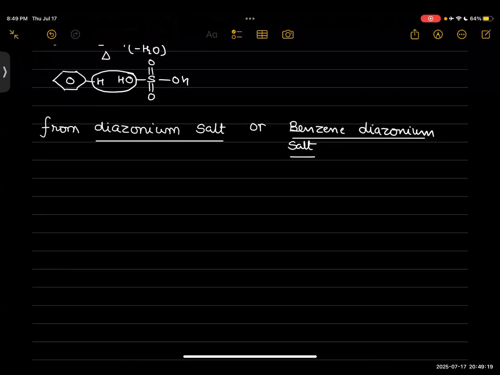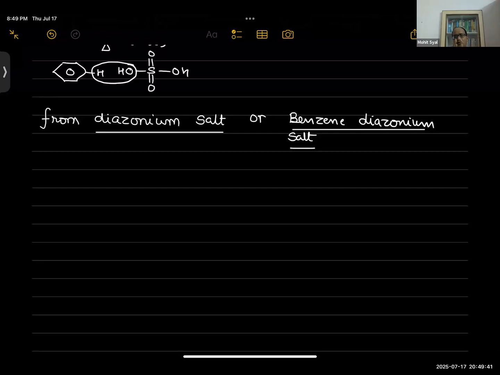From the name, there is a benzene, N2 and Cl. So the benzene ring is there, and what else is connected? NH2? Okay, that is the reacting material. That's from the start, the preparation of benzene diazonium.